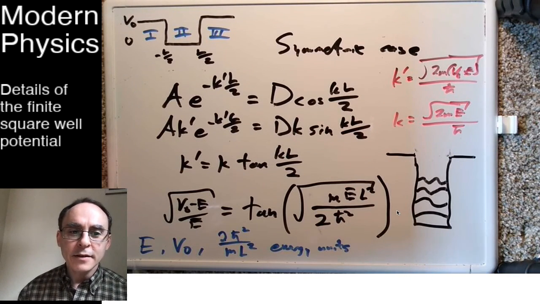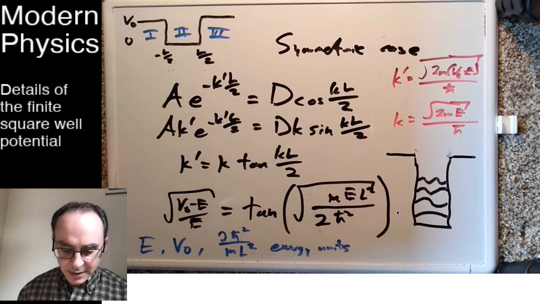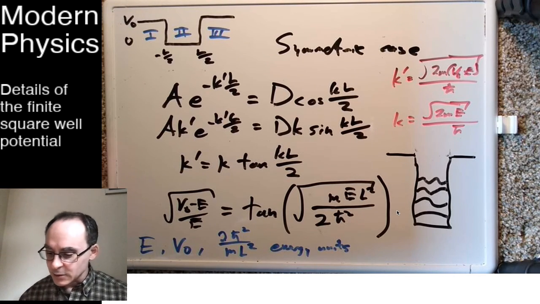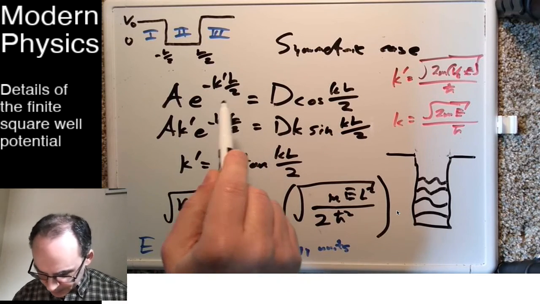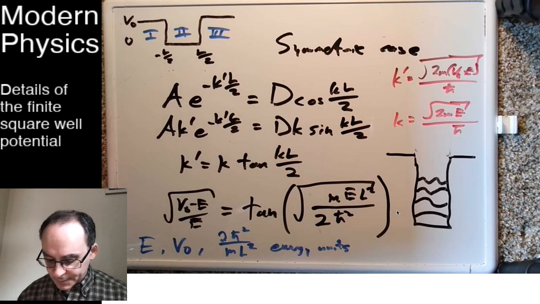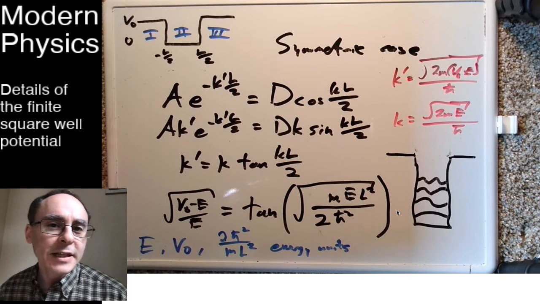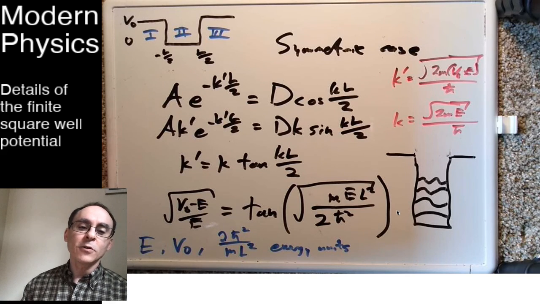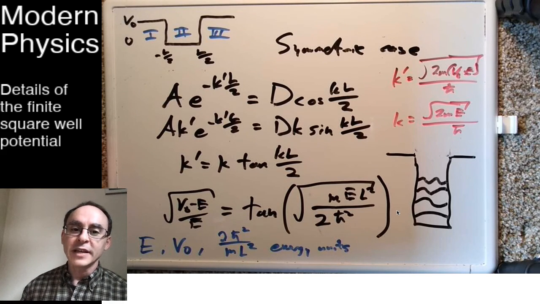We can then plug those into these equations and, for example, solve for the ratio of A over D. We can rearrange this equation to solve for what A over D is. That gives us the ratio, and then we can fix the overall normalization by requiring that the integral of the total wave function be equal to 1.